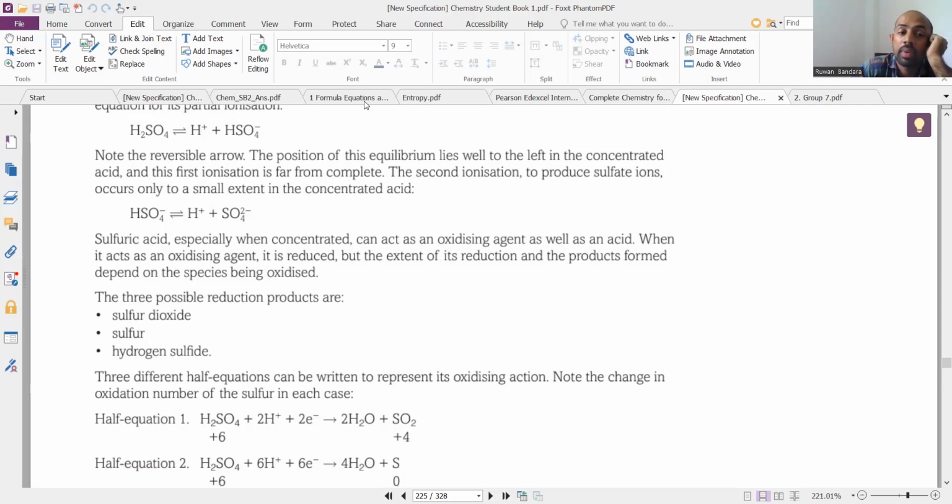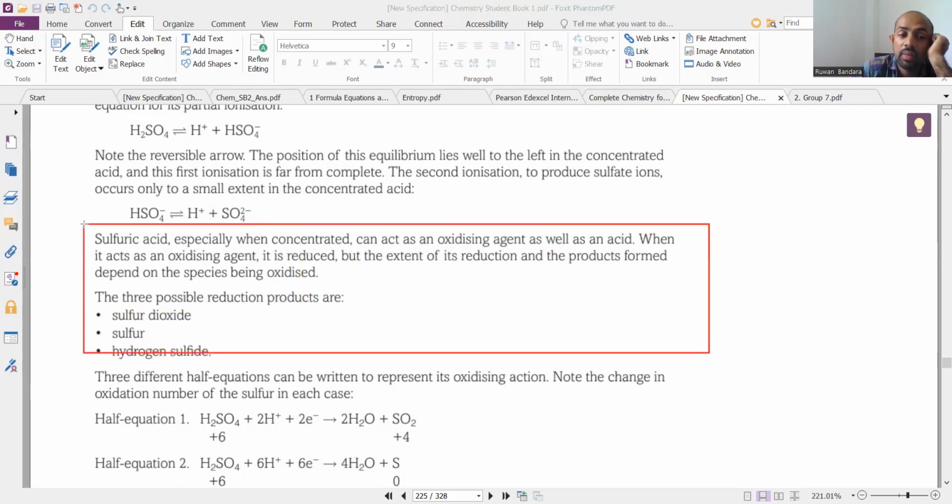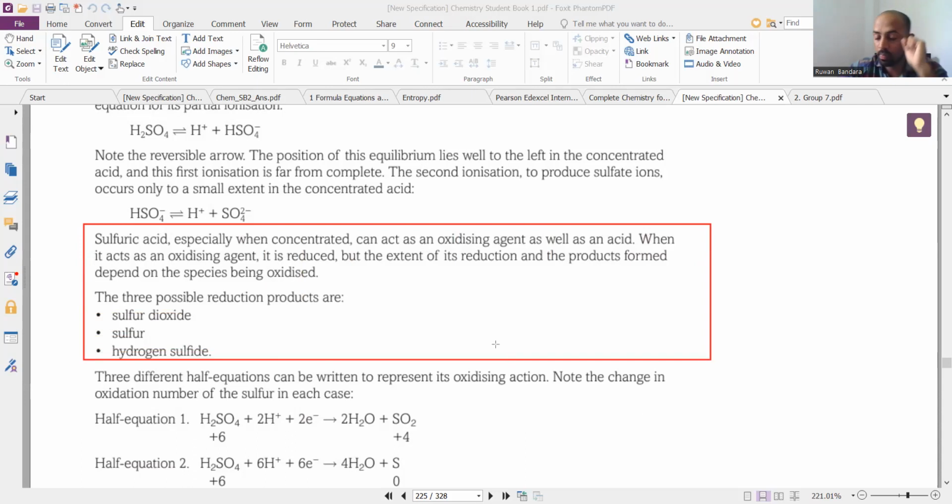So you have three possible reduction products with sulfuric acid. Those are sulfur dioxide, sulfur, and hydrogen sulfide. The extent of reduction depends on the species being oxidized.